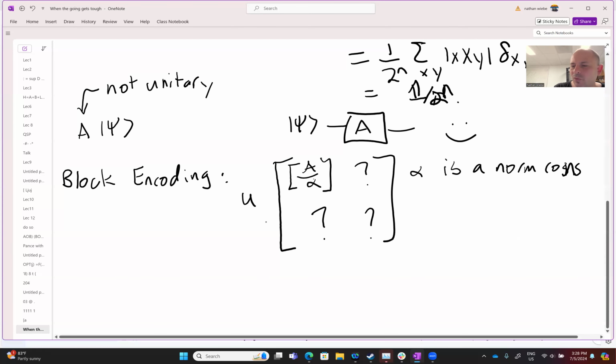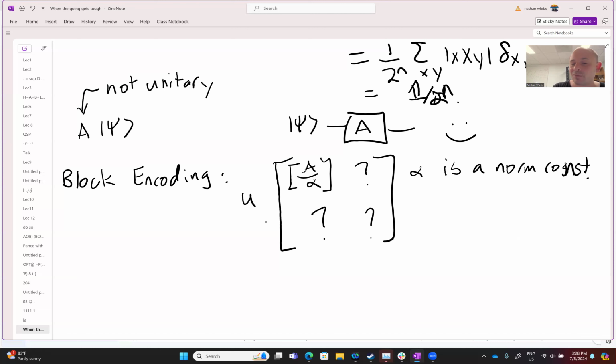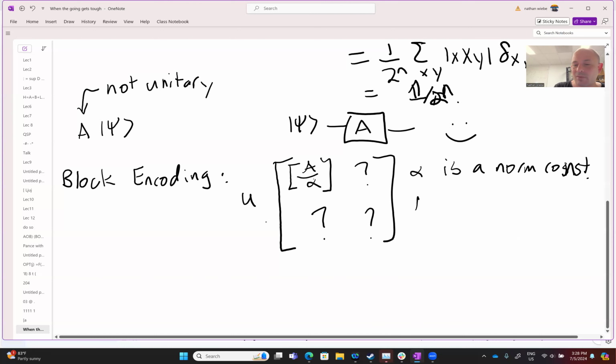And so the question is, why is alpha put in here? Well, it's really obvious in a way, right? Like, let's imagine that I set A to be, I don't know, 100x plus y as the matrix that I'd like to implement.